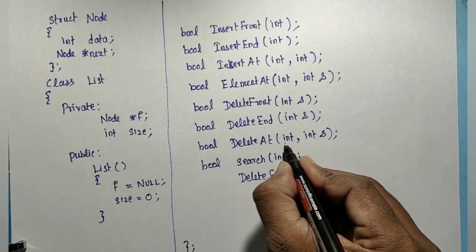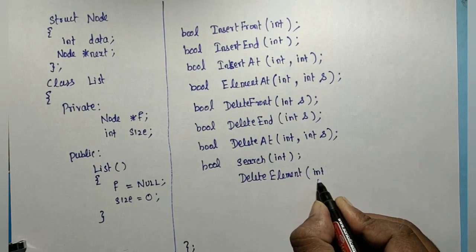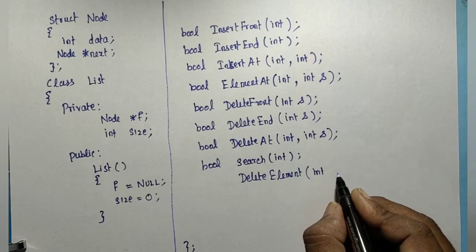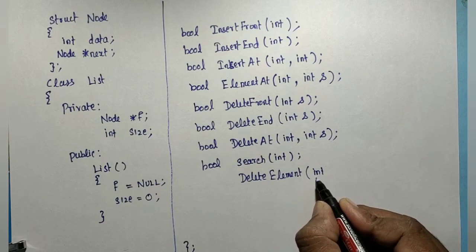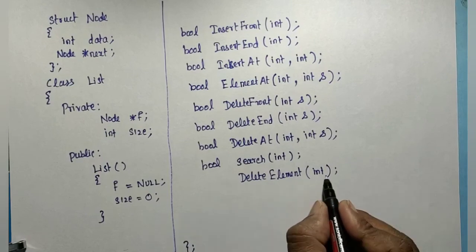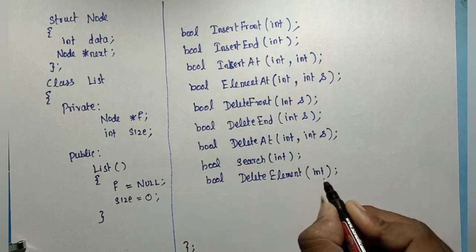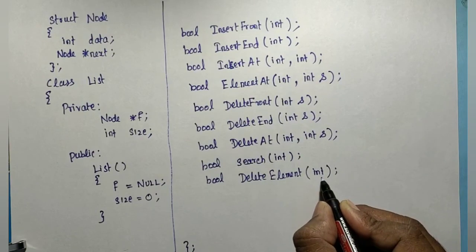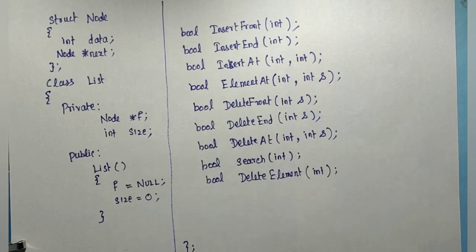Here in delete at we are passing the position, but here the element to be deleted is going to be passed as input, and then there is no output, because that element explicitly we are mentioning as part of the input. So here we need to say whether that element got deleted or not. So boolean. Here it is only that element value that needs to be searched, and it should get deleted. If it is not present in the list, it will return false.